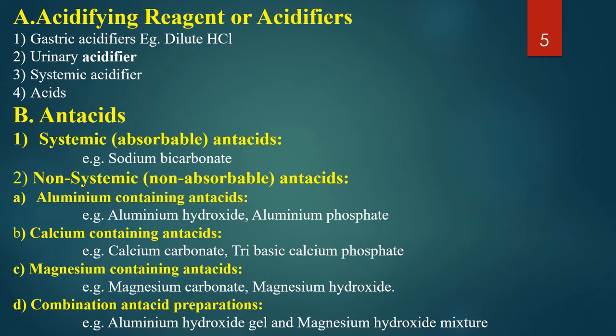Examples of aluminum-containing antacids are aluminum hydroxide and aluminum phosphate. Calcium-containing antacids include calcium carbonate and tribasic calcium phosphate. Magnesium-containing antacids include magnesium carbonate and magnesium hydroxide. Combination antacid preparations include aluminum hydroxide gel and magnesium hydroxide mixture.